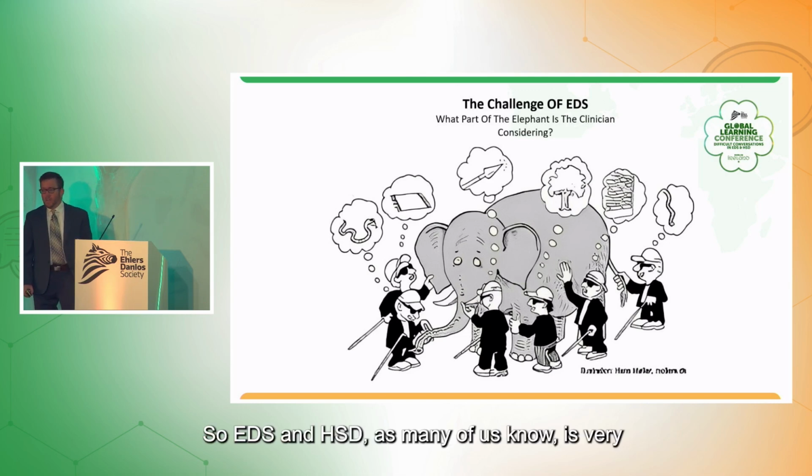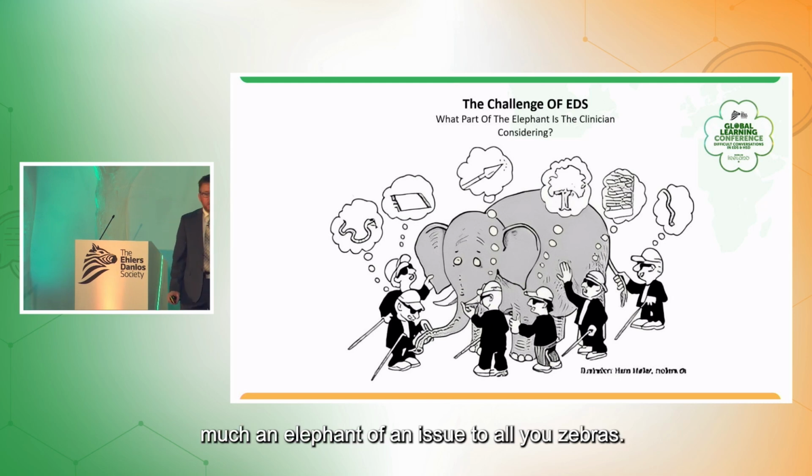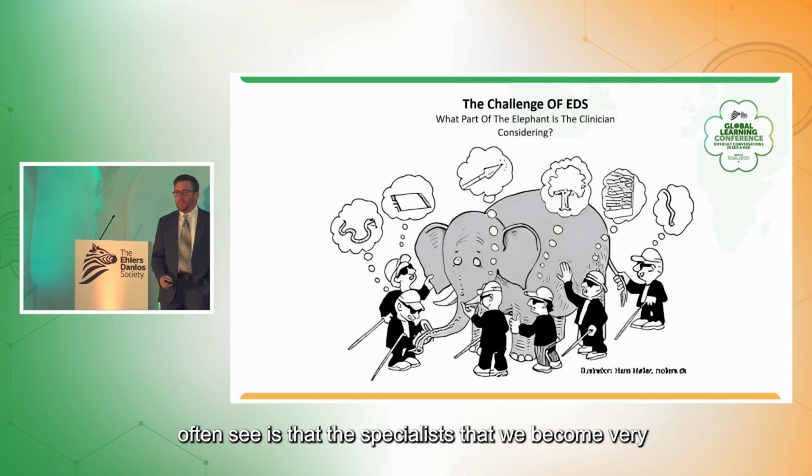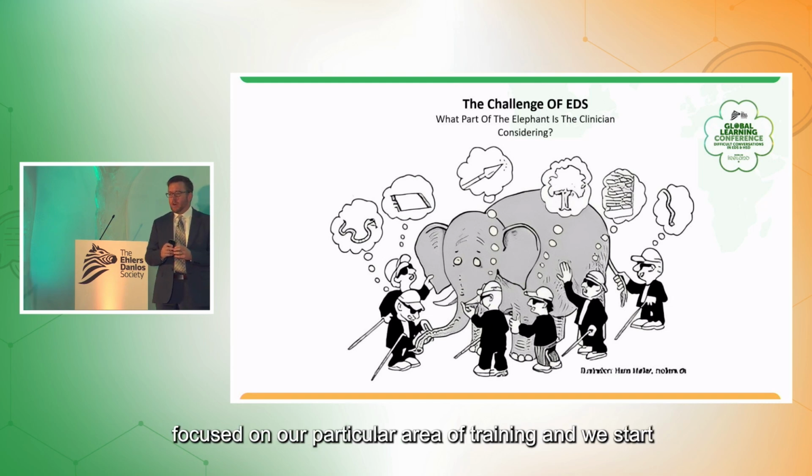So EDS and HSD, as many of us know, is very much an elephant of an issue. To all you zebras, yes, we will talk about zebras in a bit. But with the comorbidities that occur with EDS, what we often see is that the specialists become very focused on our particular area of training.